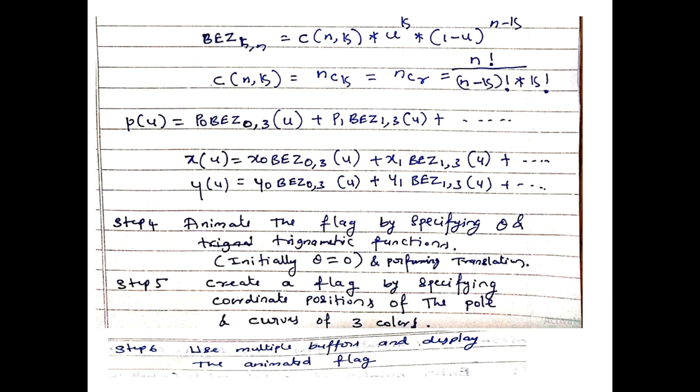When you want to display a curve on the monitor screen, you are supposed to use the Bezier curve concept and the translation. Why we need translation here: when you convert each horizontal line into a curved line, the pixels displayed for each horizontal line of the flag are now displayed in the form of a curve.